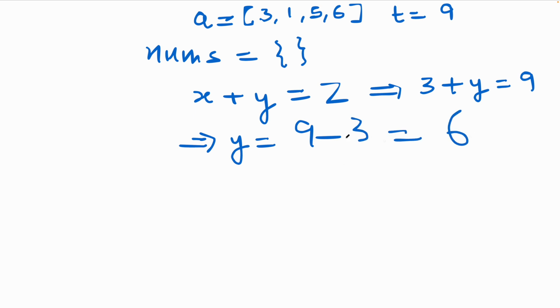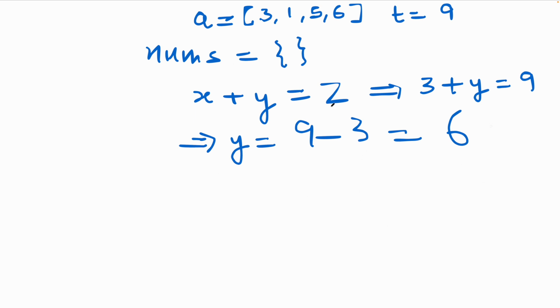Which means for 9 to be computed from 3, I need 6 as well. So 3 and 6 both have to exist in the array, and these are the elements leading to 9.